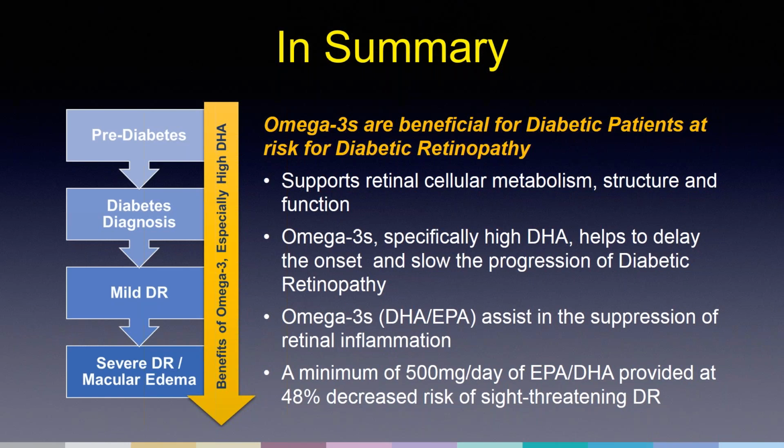The mechanism may include that the omega-3s assist in the suppression of retinal inflammation, which may be playing a role in the pathology of this disease, and that a minimum of 500 milligrams a day of these omega-3s in one study provided an almost 50% reduction in the risk of sight-threatening diabetic retinopathy. That's an enormous benefit.